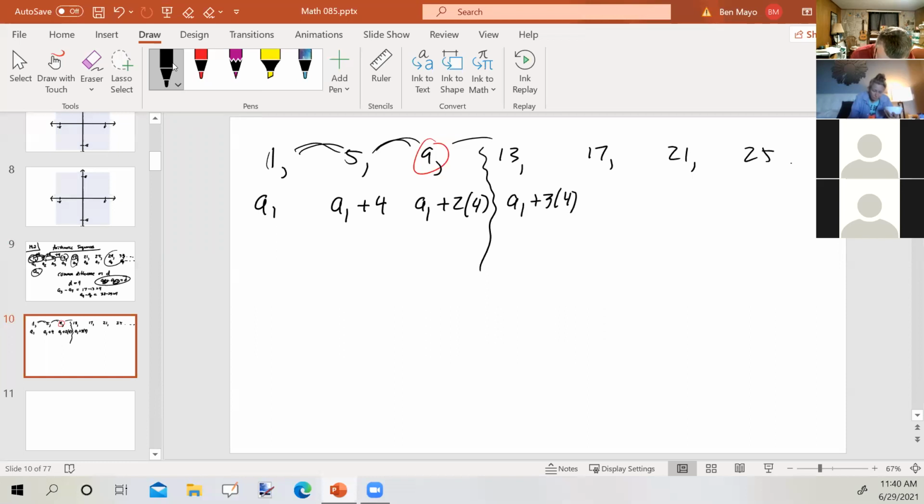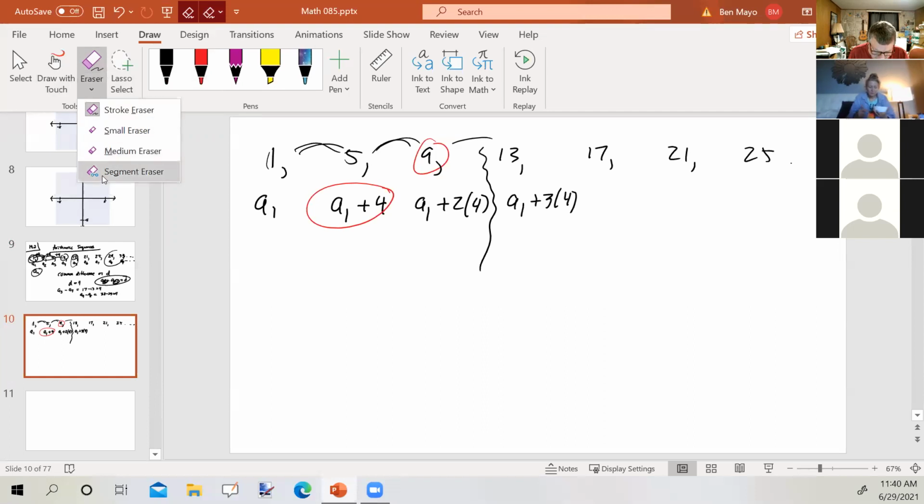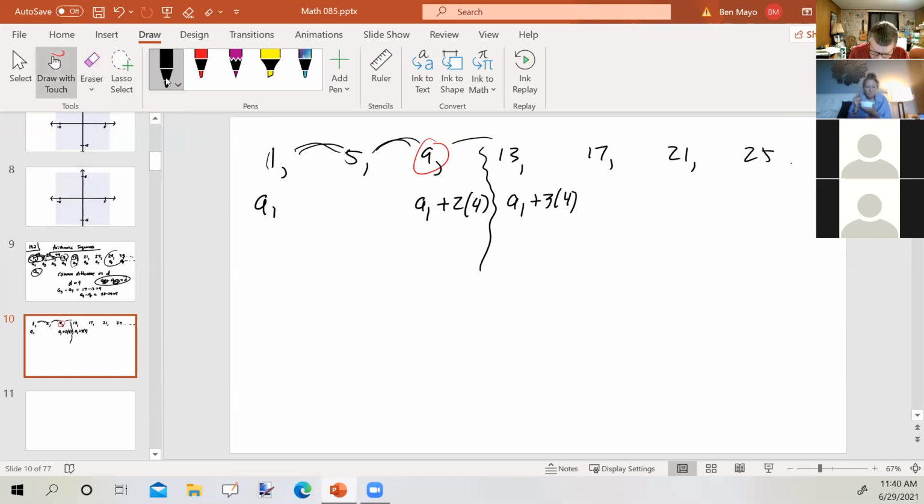I'm going to go back to this term, and instead of writing it the way that I did, I'm going to write it like this: a sub 1 plus 1 times 4. I just had a sub 1 plus 4, but I could put a 1 there, right? Now, notice a pattern.